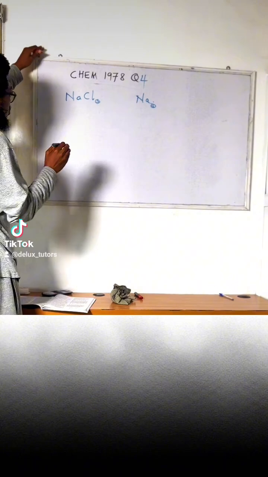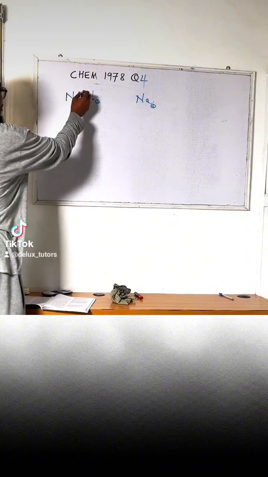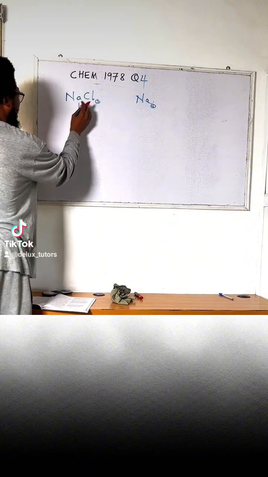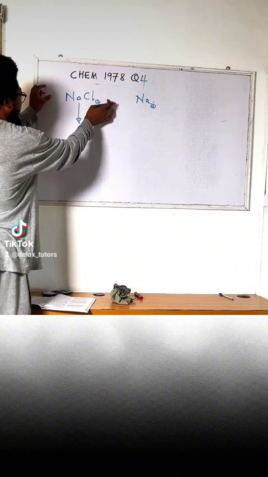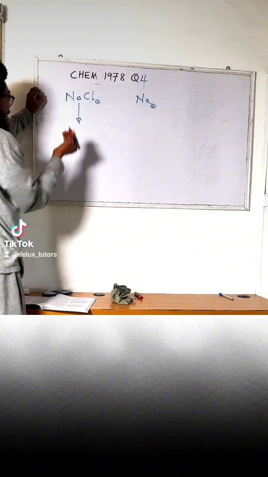When we dissolve this in water, two events occur. Number one, the water molecules come and tear this apart. For us to be able to tear this, we need to invest energy.